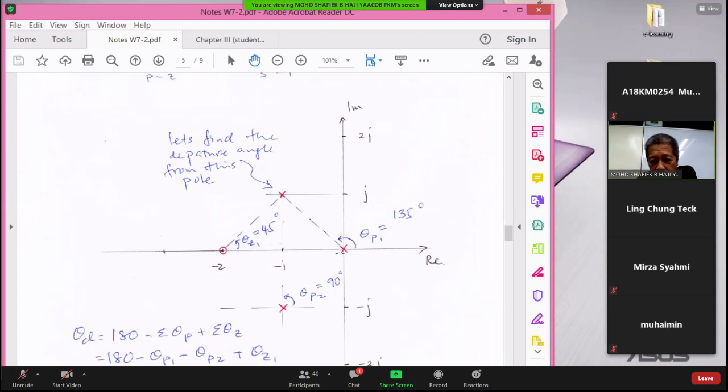The first pole is odd, then there's a zero, that's even. So from the origin to -2, you're going to have locus. To the left of -2, there's no locus. So one of the loci starts at the origin and ends up at -2. The other two loci will end up along the asymptote.